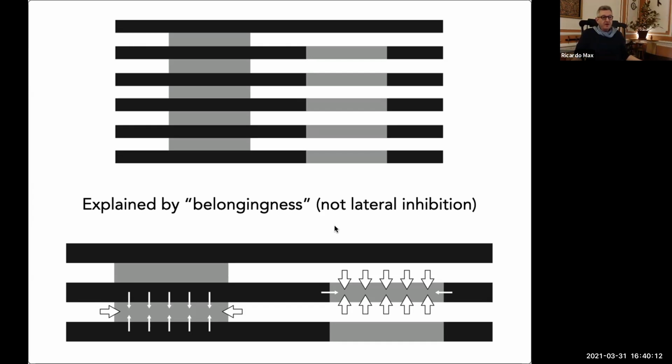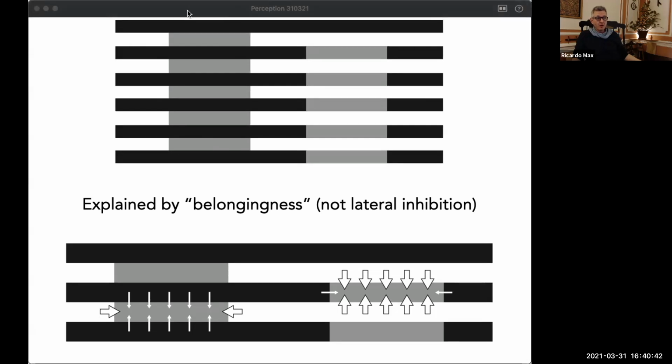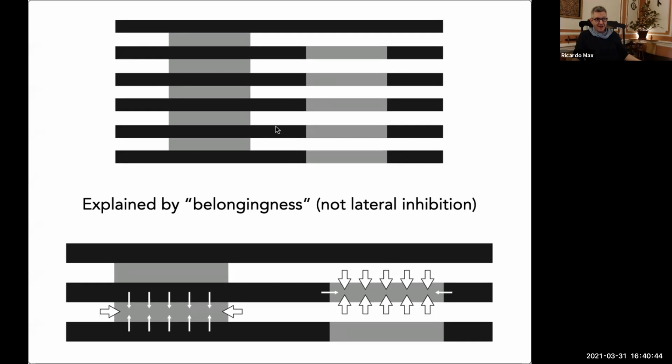So what happens here is an explanation suggested by Alan Gilchrist, in 1999. It's the idea of belongingness, meaning that we perceive these gray lines as one object that is being occluded by these black lines.